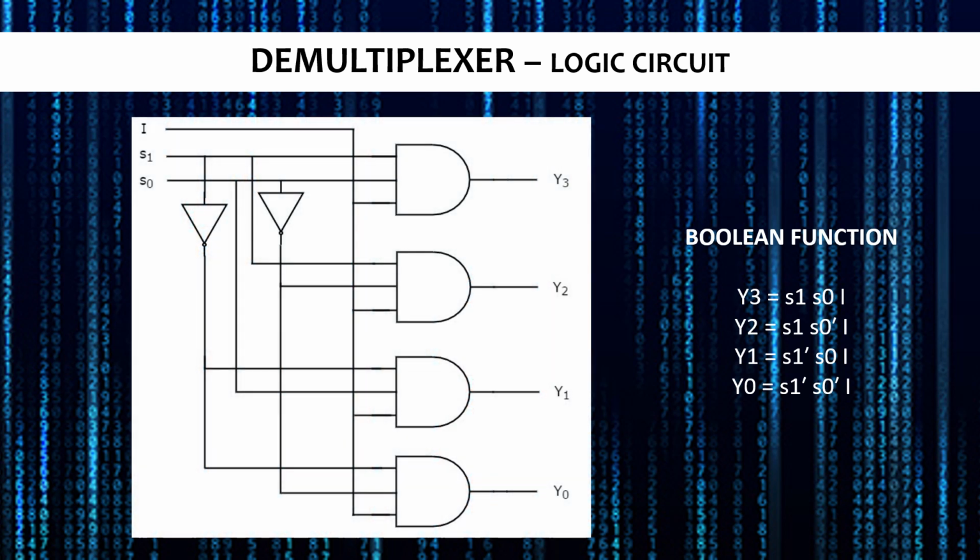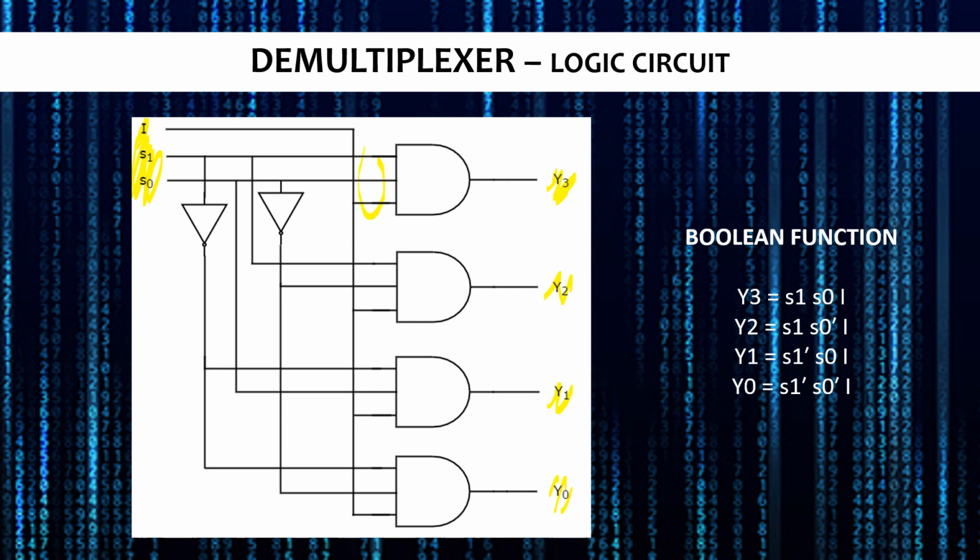As you can see in this logic diagram, here we have one input and two selection lines along with the inverted gates. Each and every output has its unique AND gate, right?